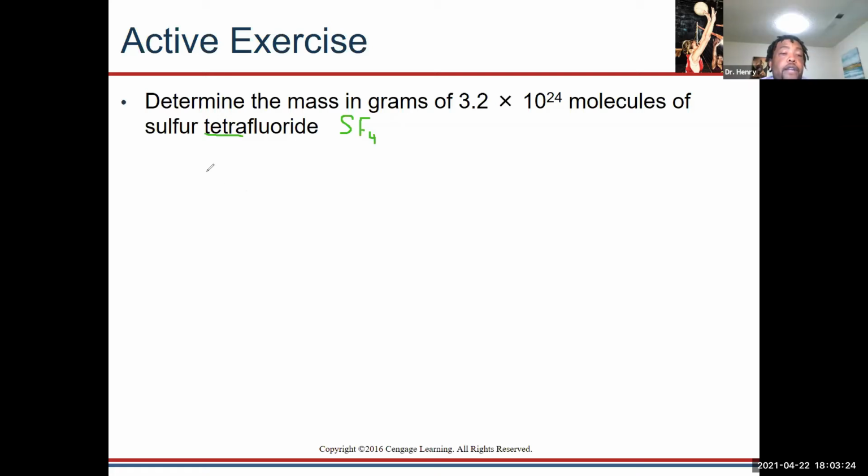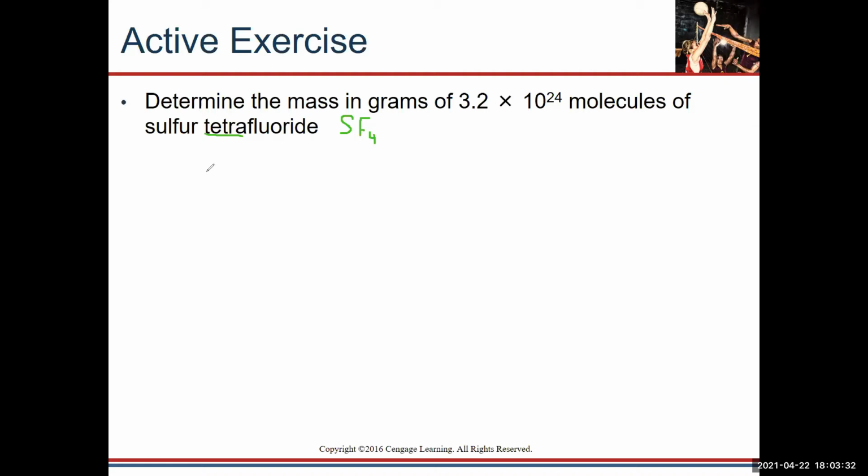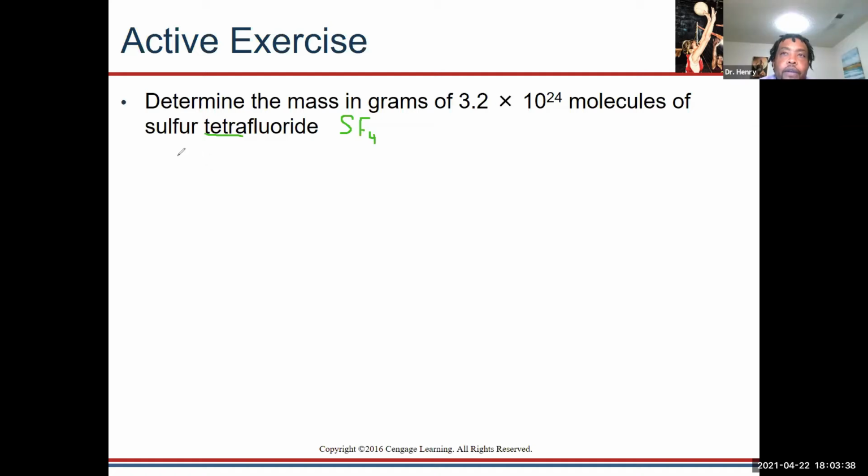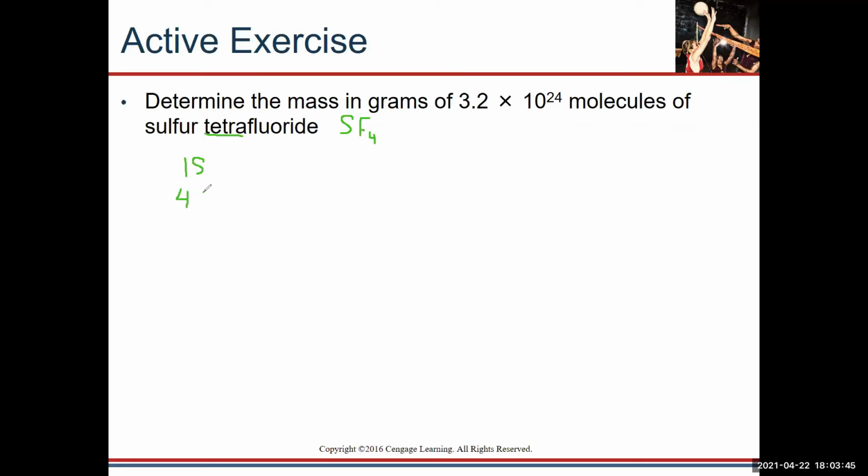We're going to do this because we want to find the what? Mass. What type of mass? Molar mass. So we're looking to find the molar mass. I have 1 sulfur and how many fluorines? 4 fluorines.